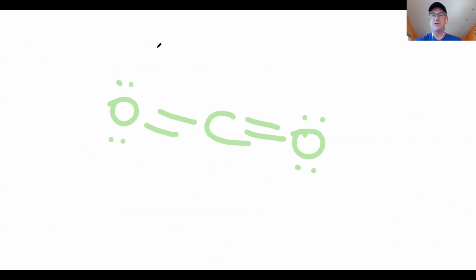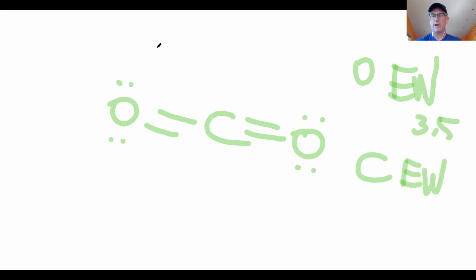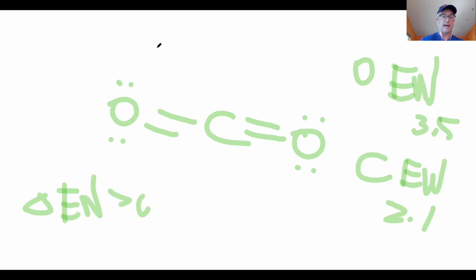Oxygen has an electronegativity of 3.5, and carbon, I believe, is 2.1. No, 2.5. Anyway, it's somewhere around 2.5. I should have my table in front of me as well. But the difference in electronegativity is greater than 0.4. It's a lot more than that.